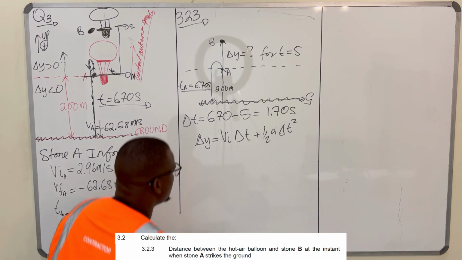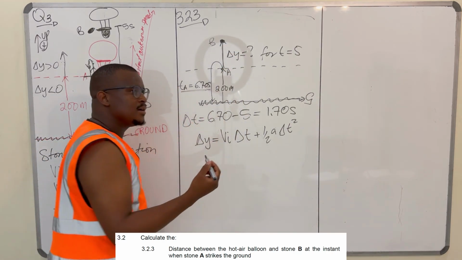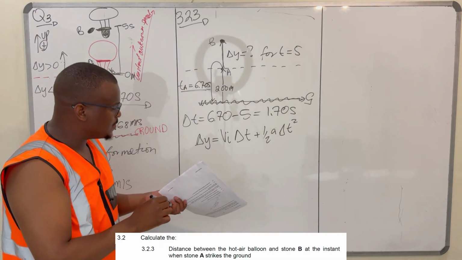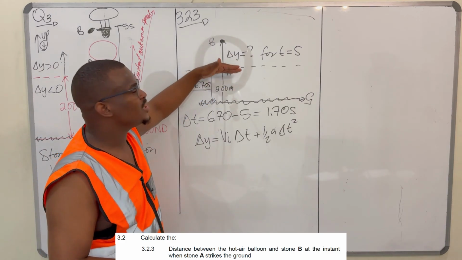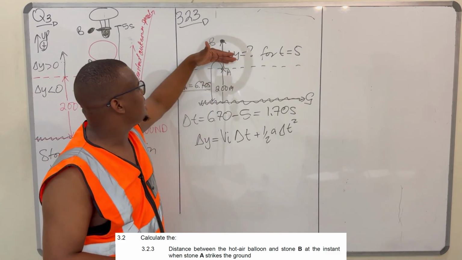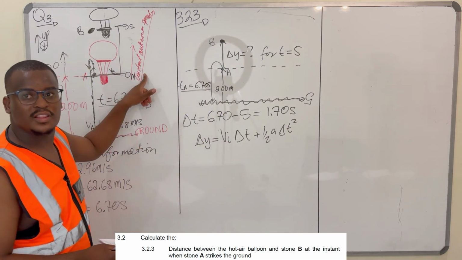Right? But we know from here to here, we want that displacement, right? The hot air balloon and the stone B are moving at the same velocity, at that constant velocity that we were told there.